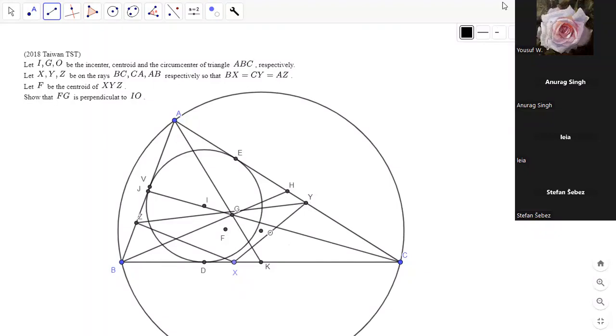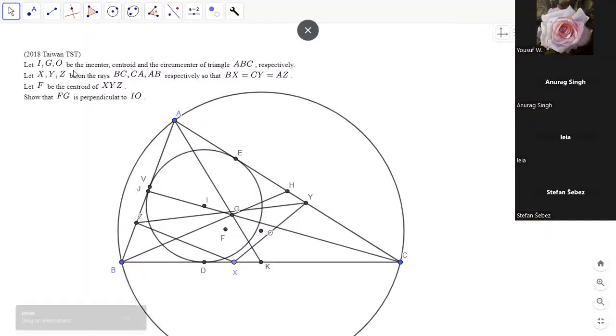We could also try to find the power of F with respect to both circles and show that if we subtract it, it's the same as for G. I don't know how easy that is though. Maybe we do something like moving points.